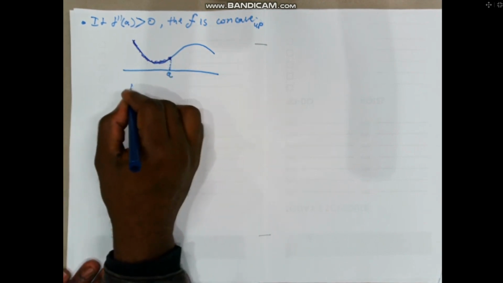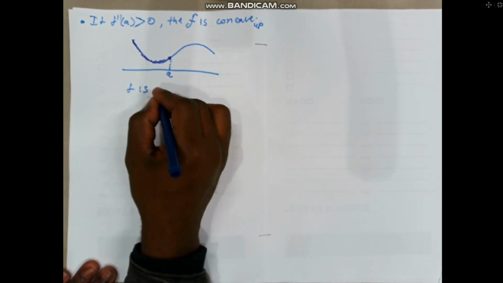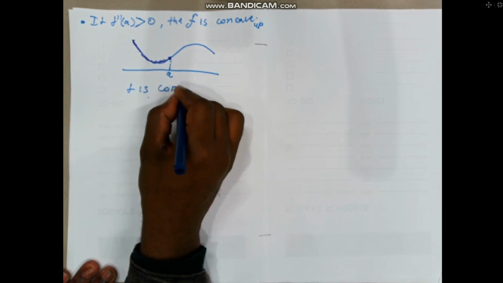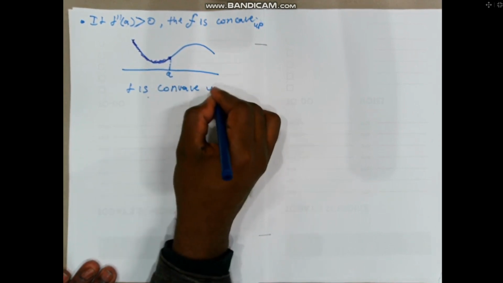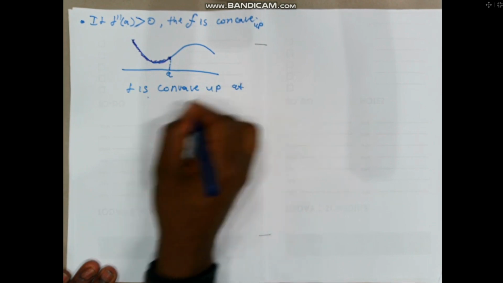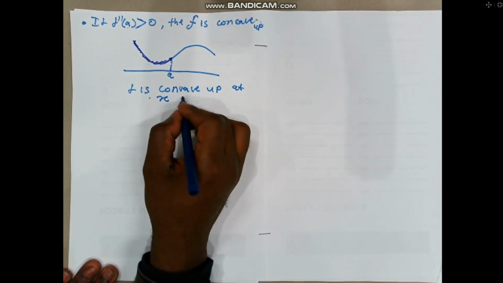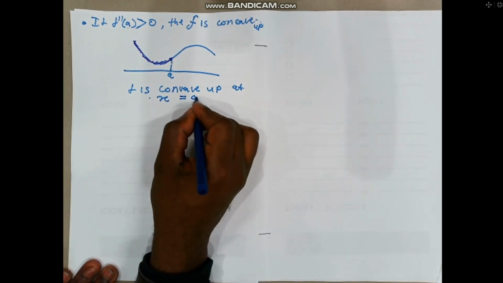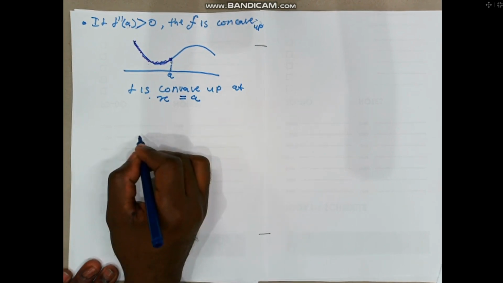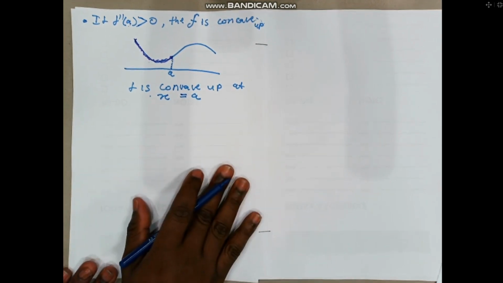So f is concave up at x is equal to a. I hope you see that one.